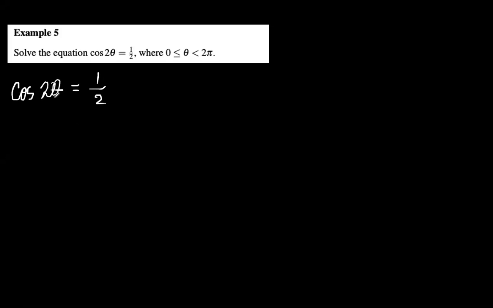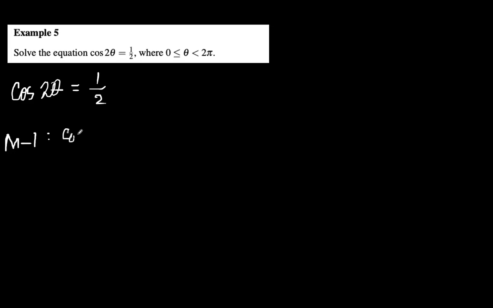Now, in solving this problem, we can have two solutions or methods. So let's discuss method number 1. Since the left-hand side of the equation is expressed as the cosine of the sum of two angles, that's the double angle identity, we can use that identity to solve this problem.